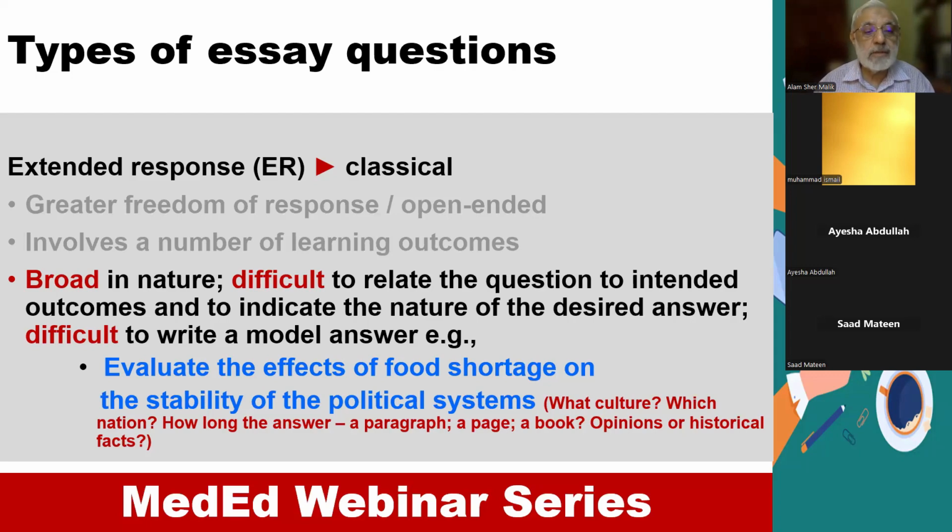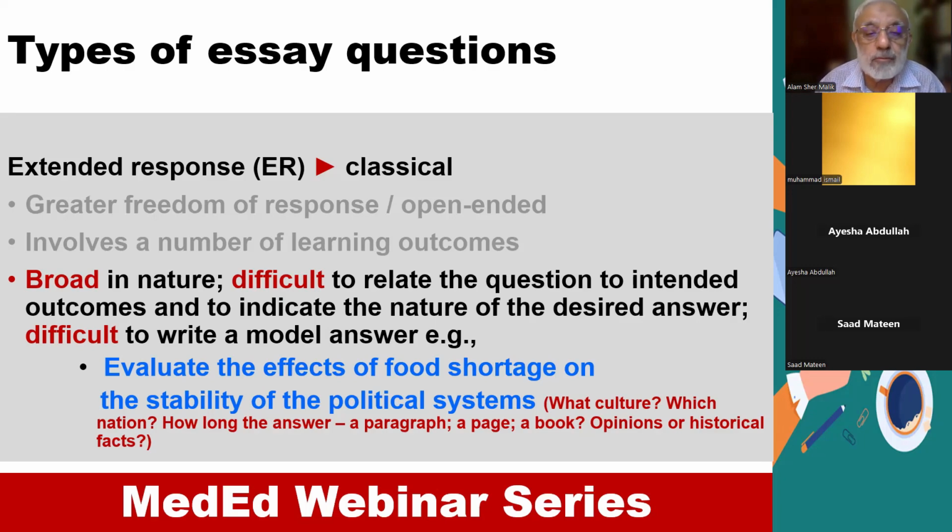Here is an example. Evaluate the effects of food shortage on the stability of the political system. It's such a broad topic that we don't know what culture or what nation we are talking about, or how long the answer is expected to be. Maybe a paragraph, a page, even a whole book can be written on this.